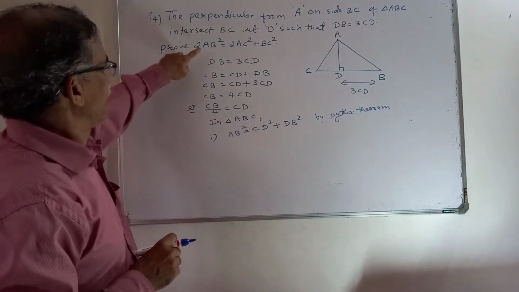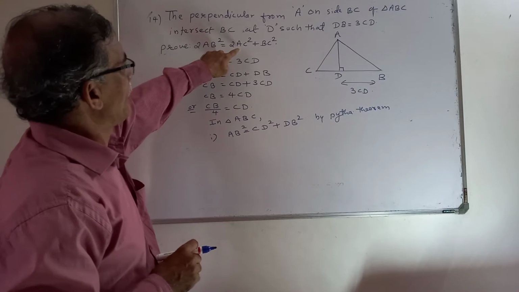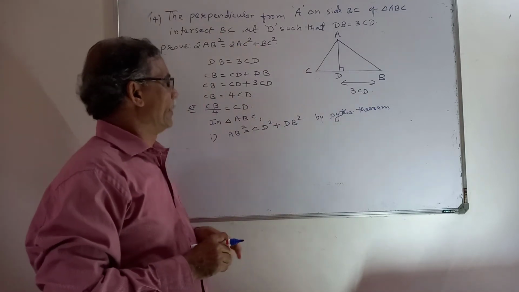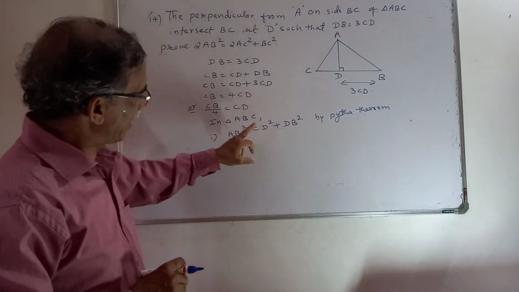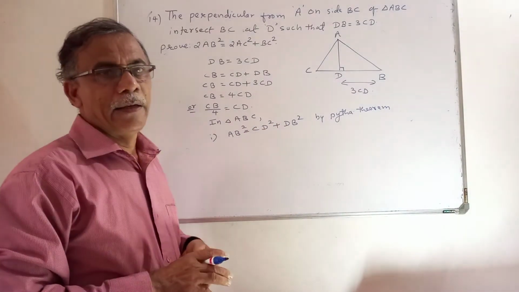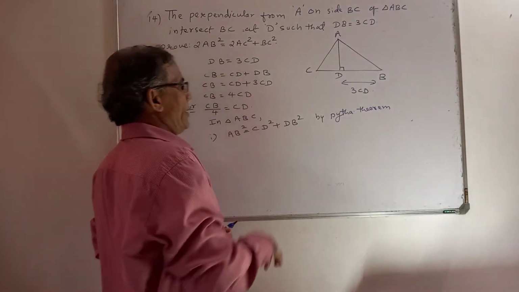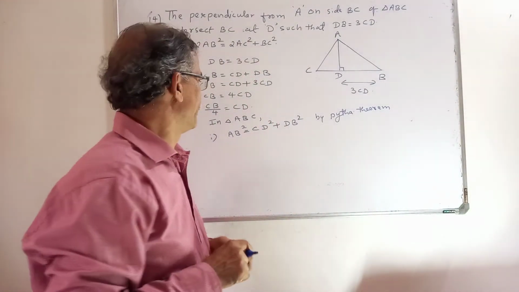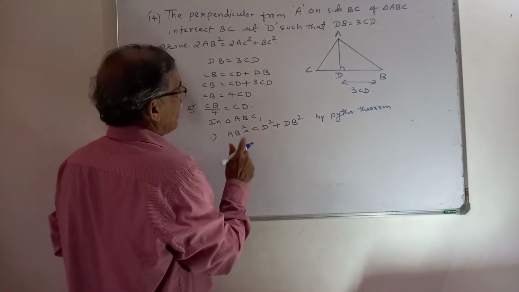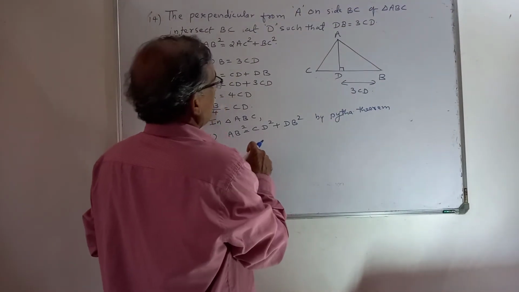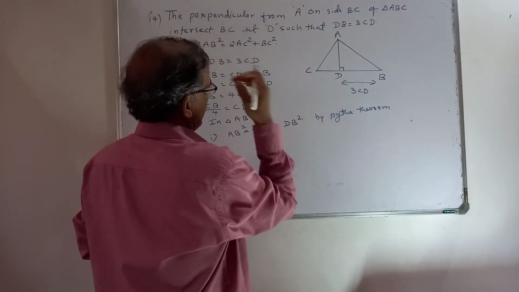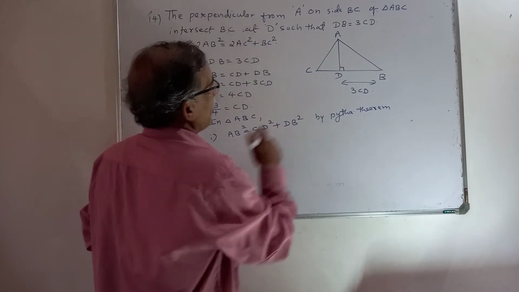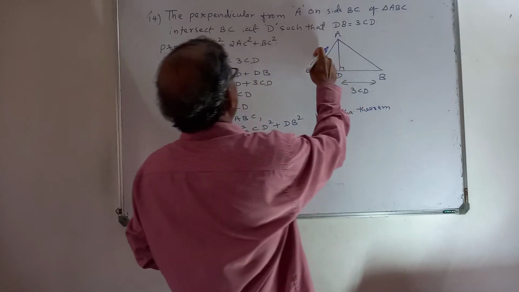Now see, in the answer, on the right hand side, AC and BC are there, but we are having CD and DB. So in place of CD and DB, how can we bring AC and BC? We can replace this CD square in terms of AC square.